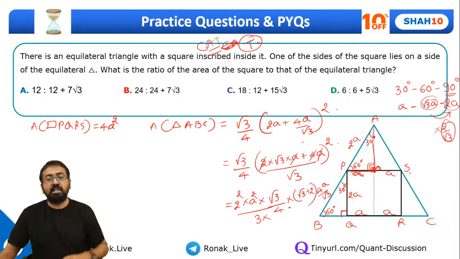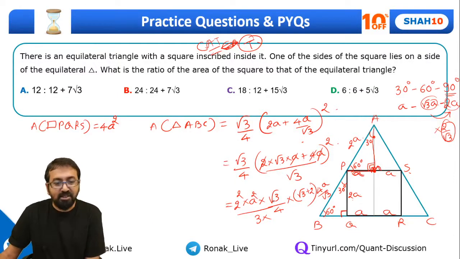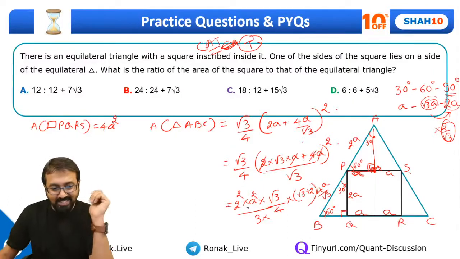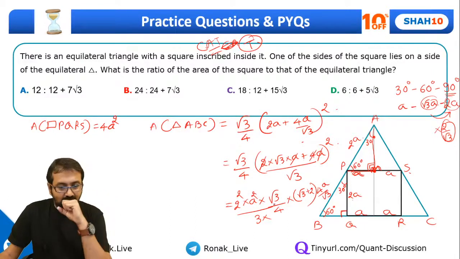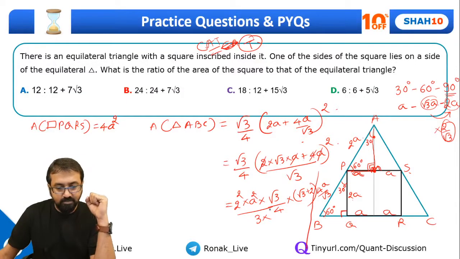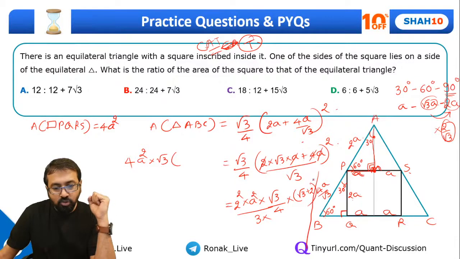This is what I'll be left with, right? And this is what we need to simplify. So guys, this is nothing but 4A square, right? Let me just write over here. So this is 4A square into root 3 into root 3 plus 2 whole square.